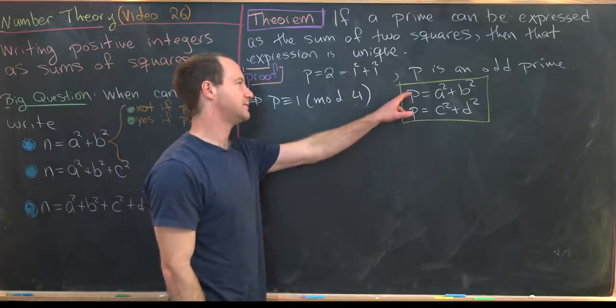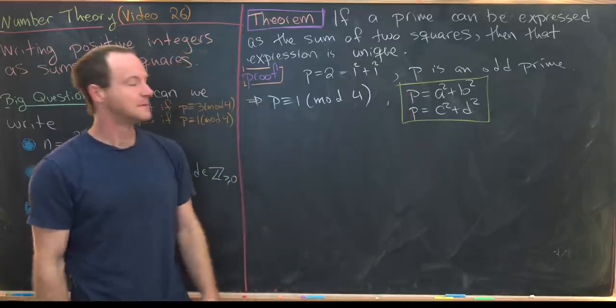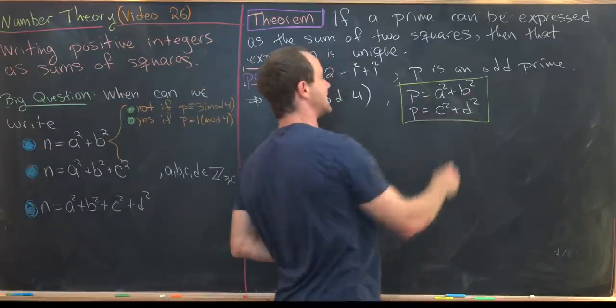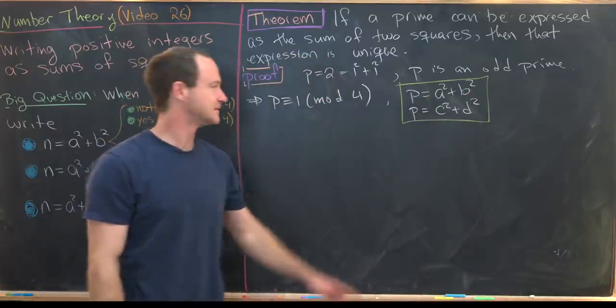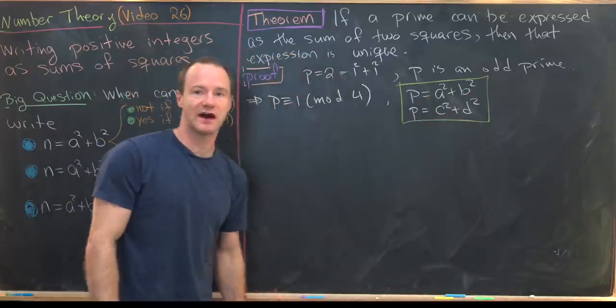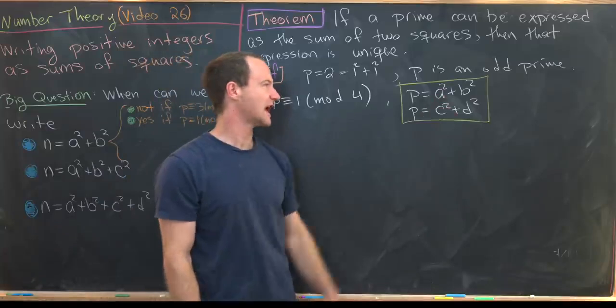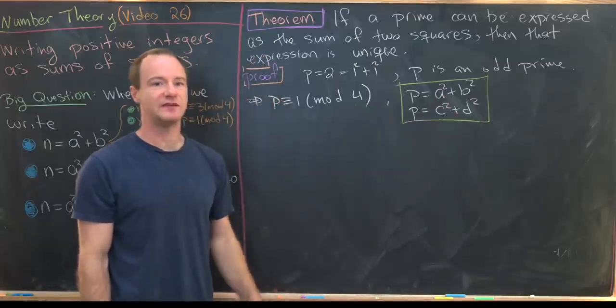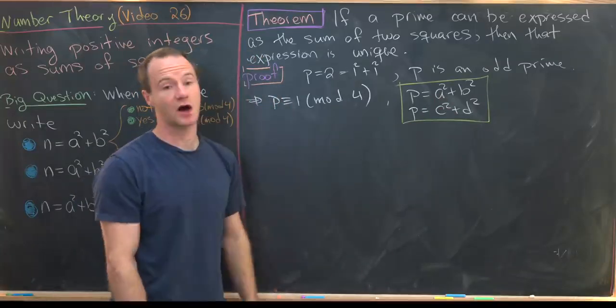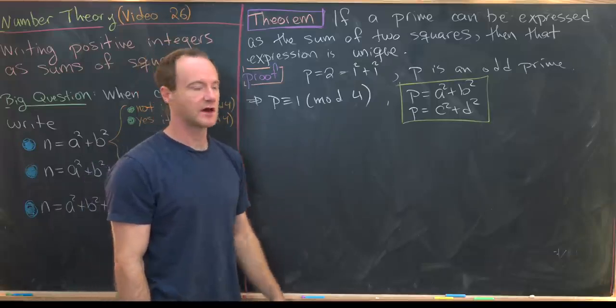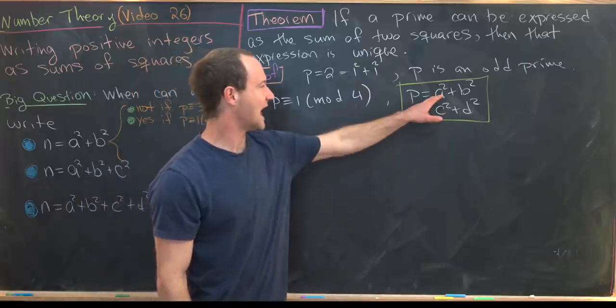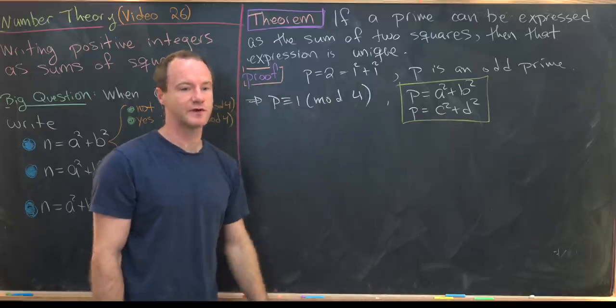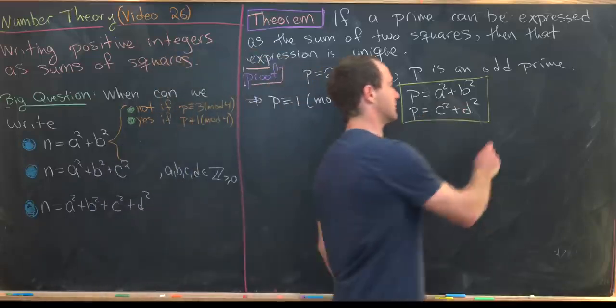Well, let's notice that p is odd. That means that a and b have opposite parities, and c and d also have opposite parities. Notice if they had the same parity, that would make p even, but we already have an odd prime here. So we might as well say that a and c are both even and b and d are both odd.